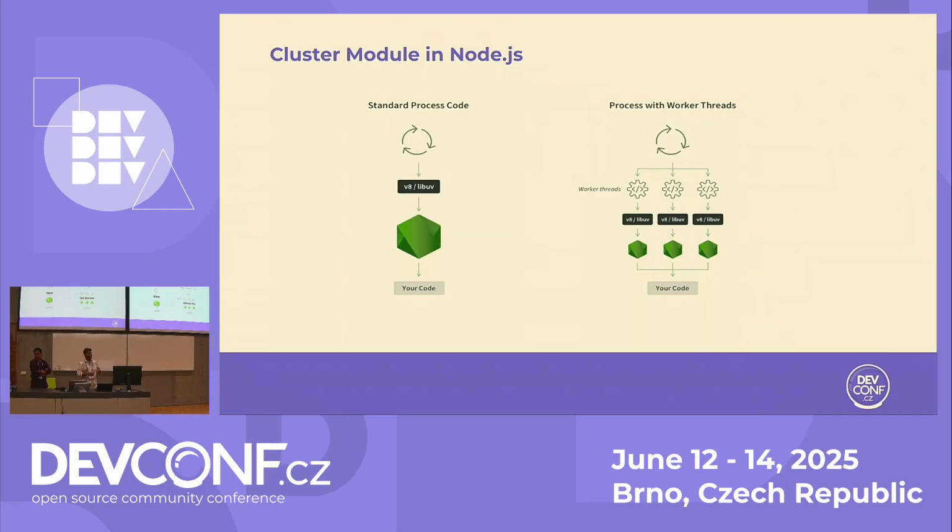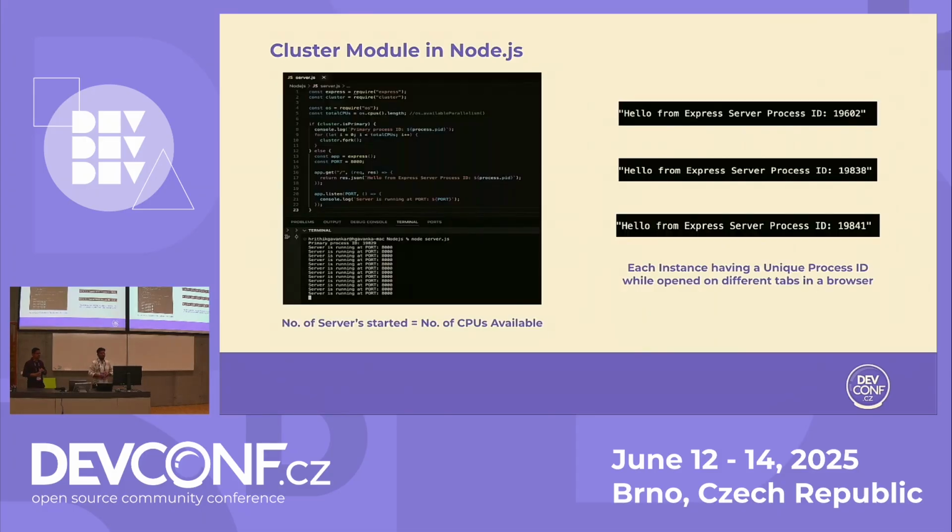built on top of child processes, and each worker process has its own memory. It's excellent for scaling Node.js servers, like websites and HTTP servers, which is what it focuses on. This is how you could make a server cluster with the inbuilt module.